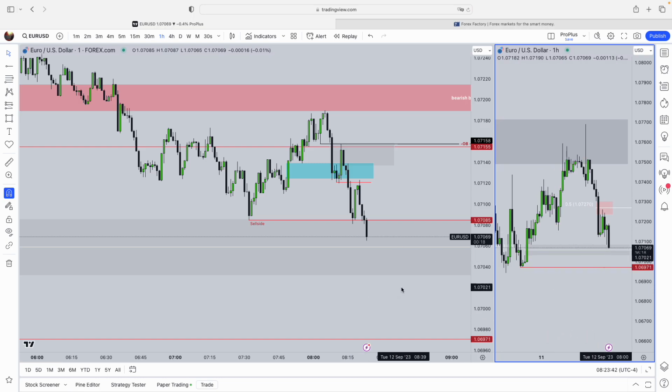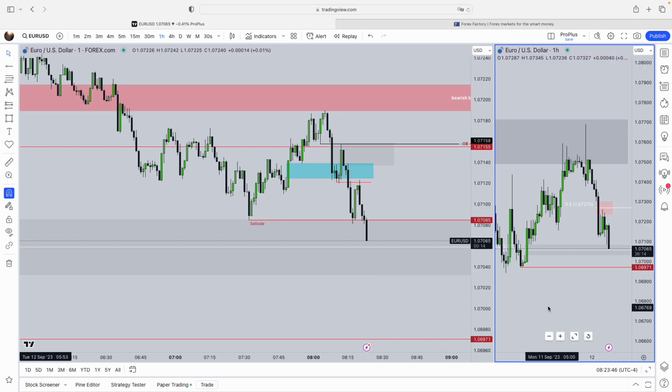Next target, after the consequent encroachment, is the low, and then that sell side.